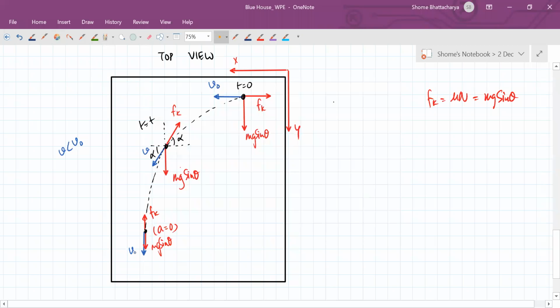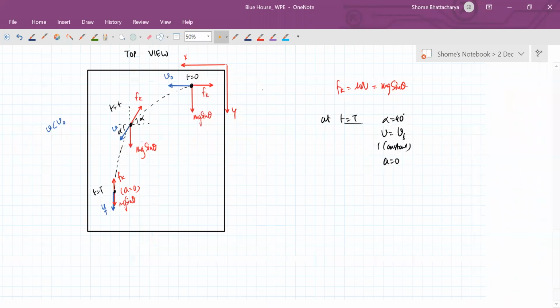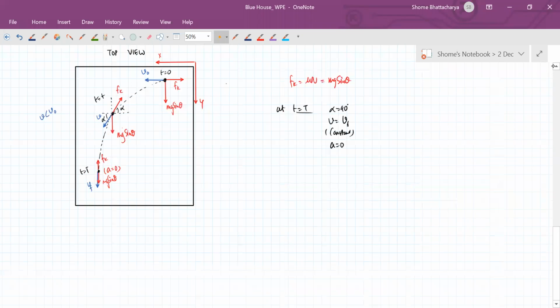We will write that as the final velocity at some time capital T. So at t equal to capital T, when this angle alpha has become 90 degrees, v has become constant because acceleration has become zero. Okay. So just make a note of the diagrams up to this stage. We will continue further.